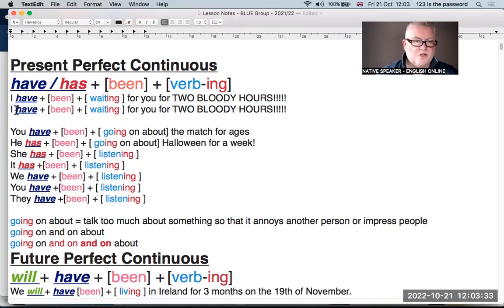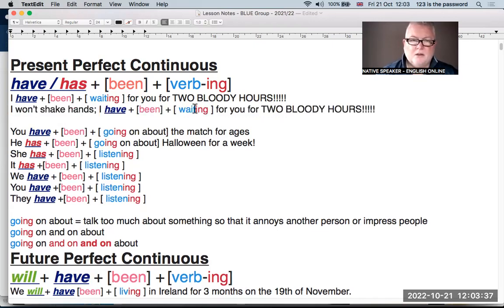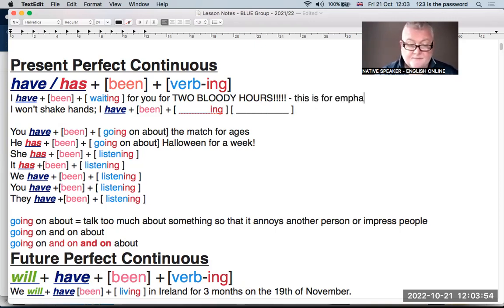Now say, I won't shake hands. Why would I not shake hands? I'm using this for an explanation. Here, this is for emphasis, but we also use it for explanation.